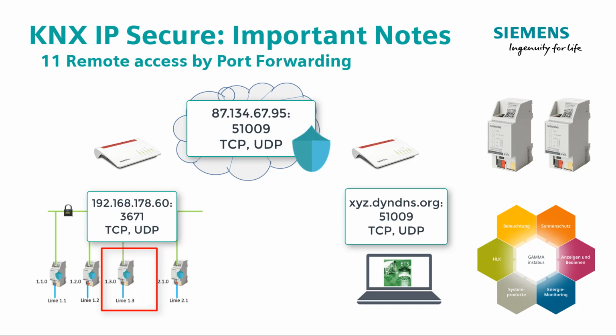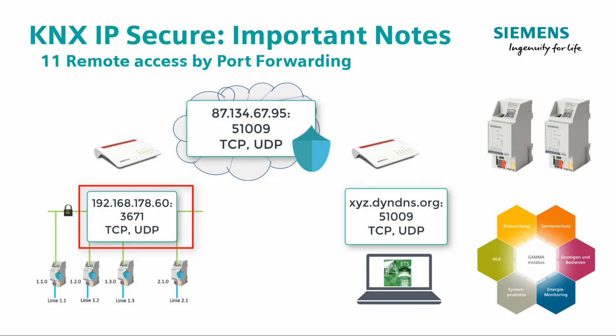11. Establishing remote access via port forwarding. In order to enable remote access to an IP interface, the IP address must be guaranteed in addition to the accessibility of the device, and two separate port forwarding tunnels for UDP and TCP must be created, which are set to the same port number.